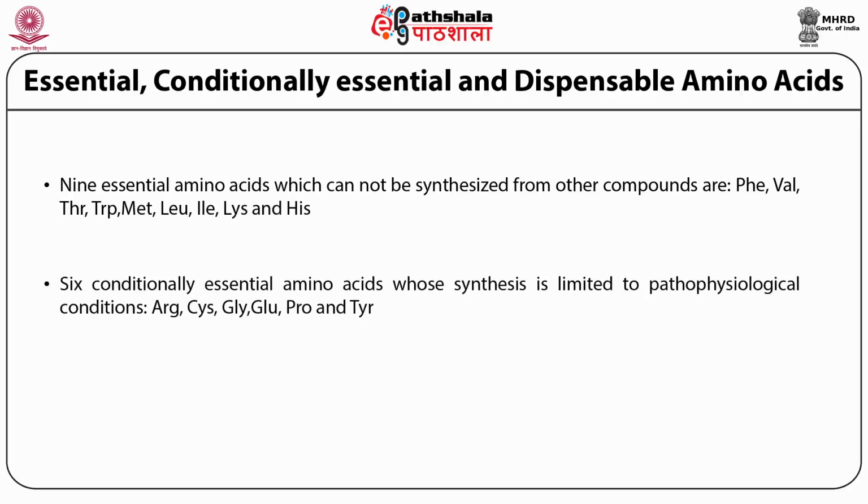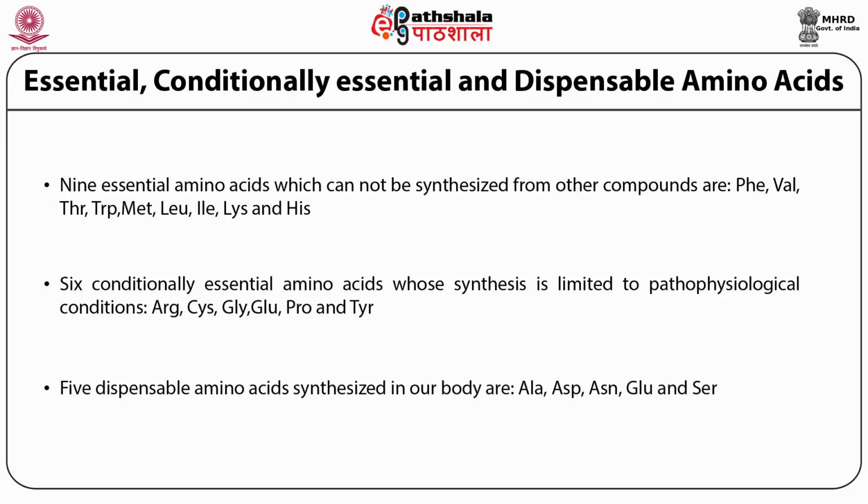Six amino acids: arginine, cysteine, glycine, glutamine, proline, and tyrosine are conditionally essential. This means their synthesis is limited to pathophysiological conditions.